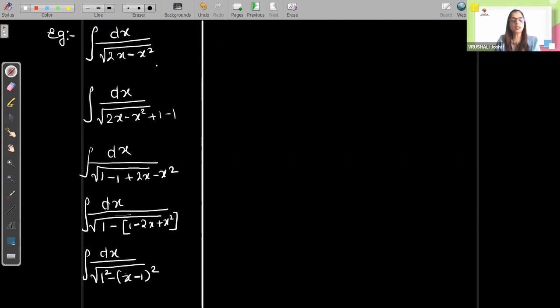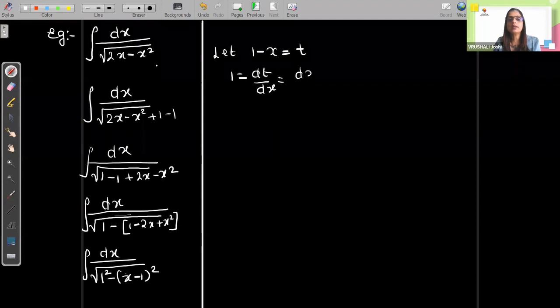Here you can also use the substitution method. So we can say let x minus 1 equal t. If you take x minus 1 equal t, then dt by dx is equal to 1. Differentiate both sides, so you will get dx is equal to dt.